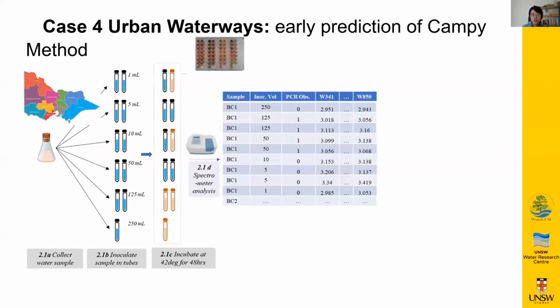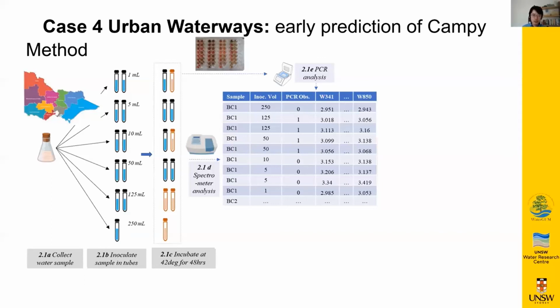Traditionally we use PCR to analyze the Campylobacter presence in these tubes, and you can see 0 for absence or 1 for presence of Campylobacter in a tube.